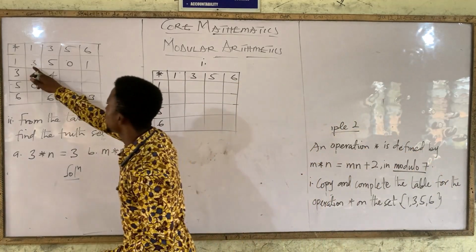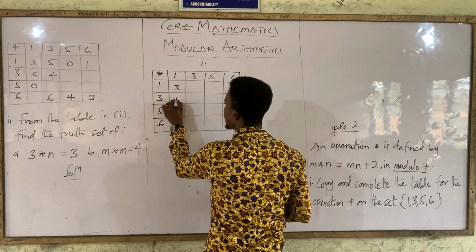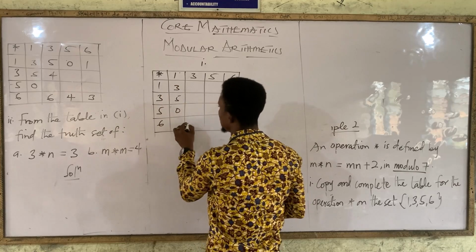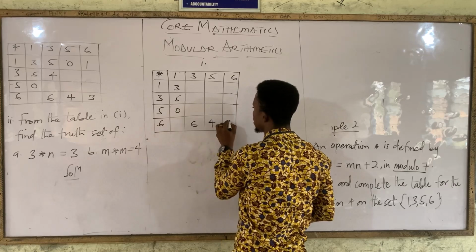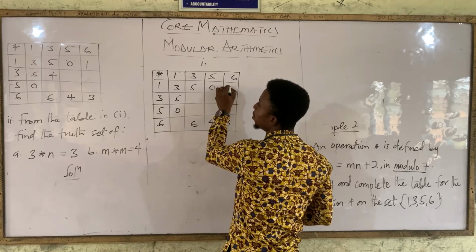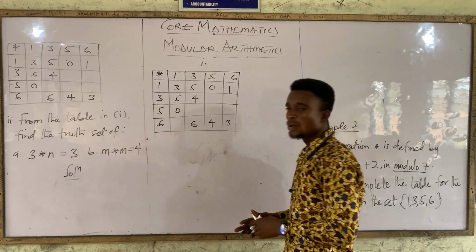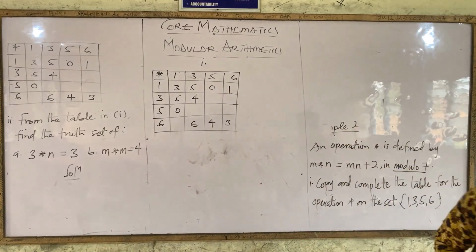So already we were given what? 3, 5, 0, 3, 5, 0, then 6, 4, then 3, then 5, 0, 1, then here 4. Yeah. So shall we now start?